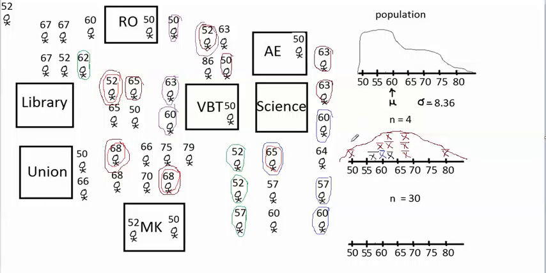Down here we have the samples that have really low sample means that underestimate the population mean by quite a bit. Up here we have the samples with really high sample means that overestimate the population mean by quite a bit. And in the middle we have the more accurate samples that have sample means close to the population mean.